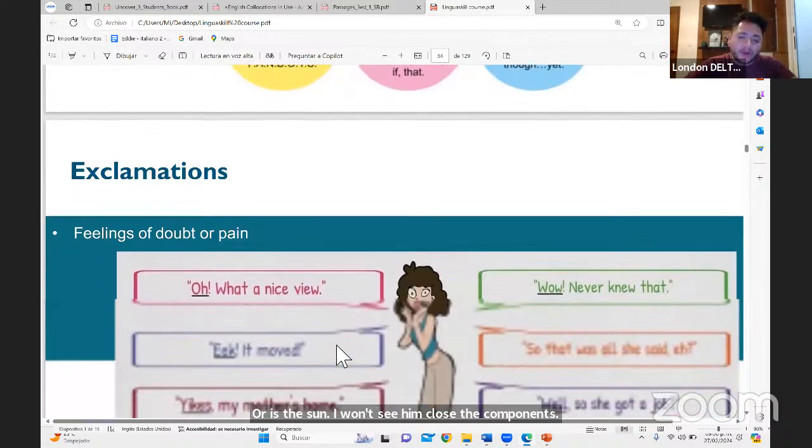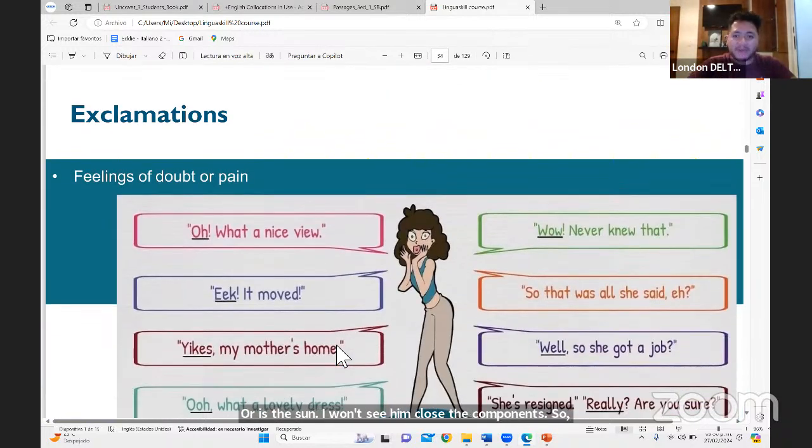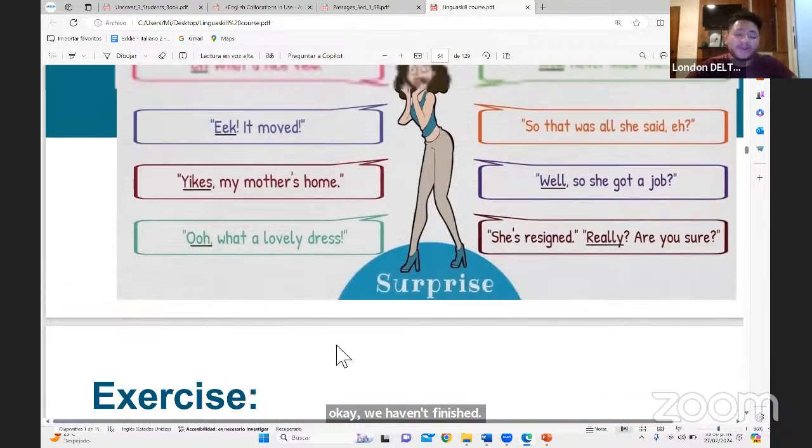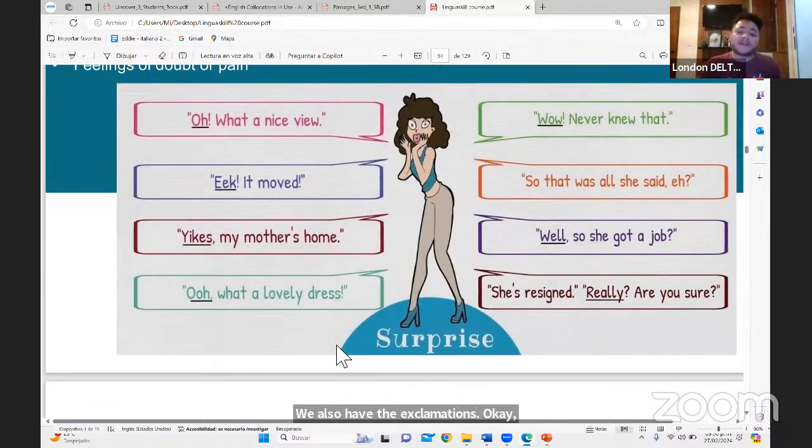So, okay, we haven't finished. We also have the exclamations. These are words that are not actually words, ¿no? O sea, escribirlos no es quizá, no nacen de esta forma, sino que son palabras que nacen del inglés hablado. So we have like, oh, yuck, wow, well, really, huh?